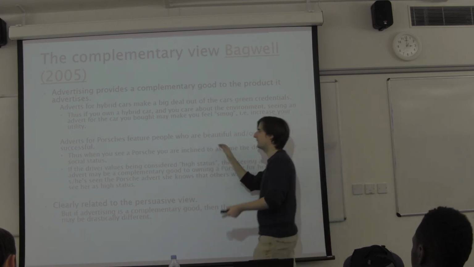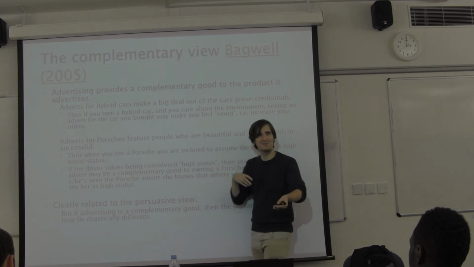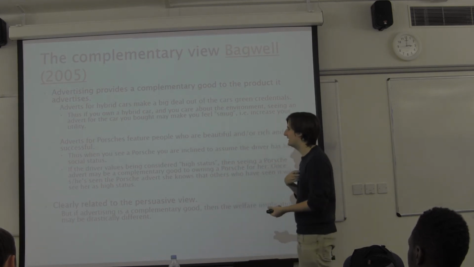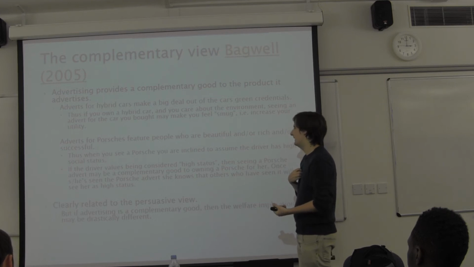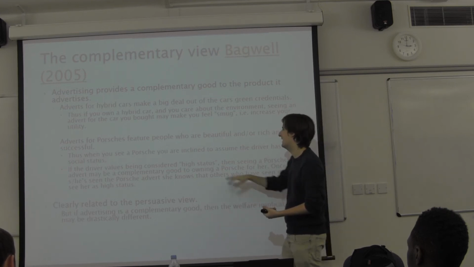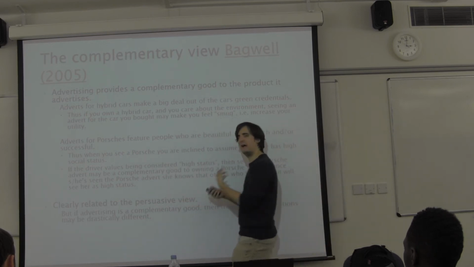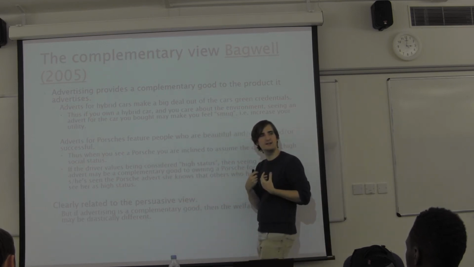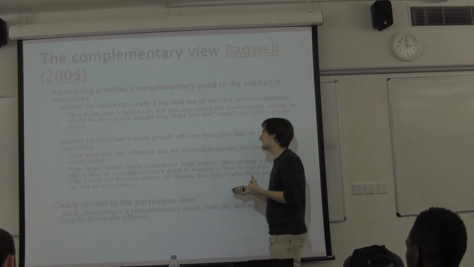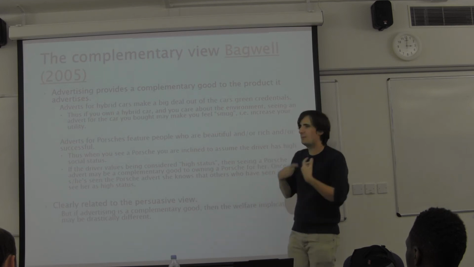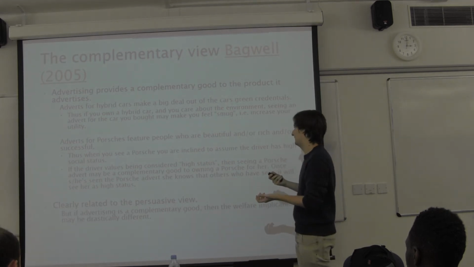And also when you see someone else driving a Porsche, maybe you think the same thing about that. So the fact that you've seen the advert, so what I say here. Good. So if you, the driver, value being considered high status, then seeing a Porsche advert will be complementary to owning a Porsche.